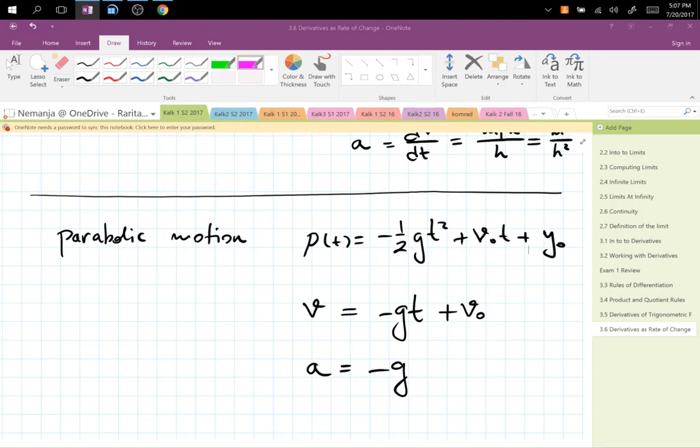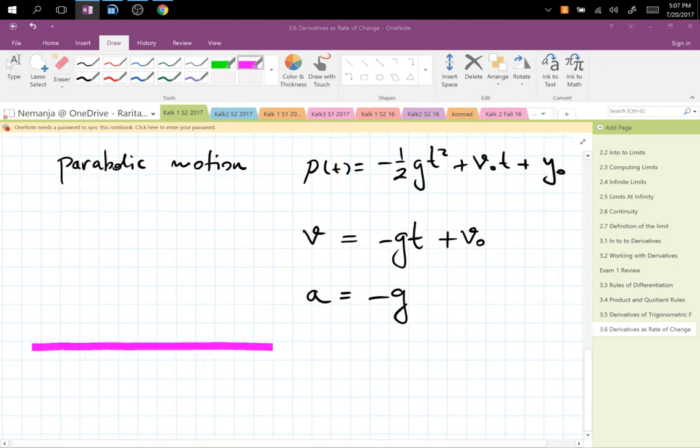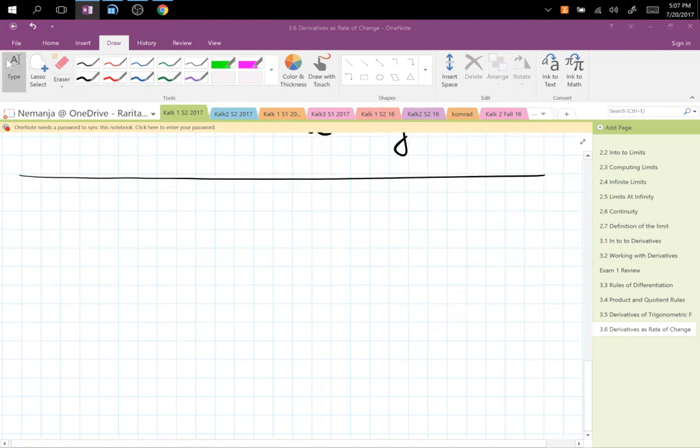And now we can use these equations to consider the vertical throw, and we know that the object that we throw vertically up will just come back down.